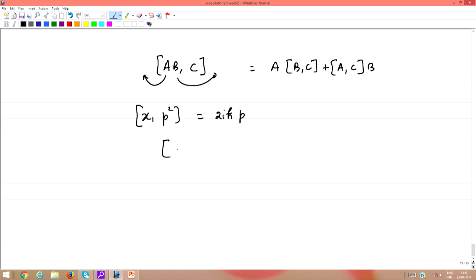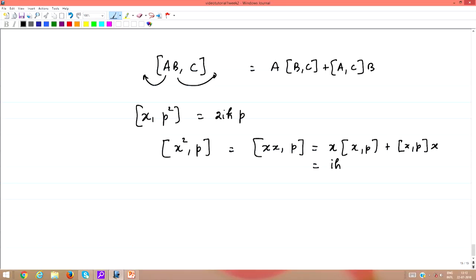What about x square comma p? Again, that is easy, it is x comma p. So, if you recall our rule of left and right, the left is x with an x comma p, and the right is also x comma p with an x, and what you have is i h bar x plus i h bar x, because the commutator is i h bar times a number, a unit operator.